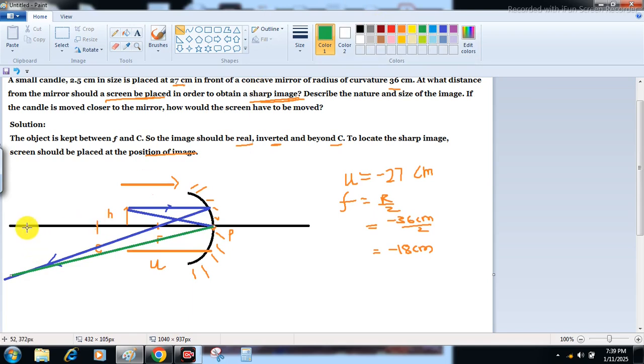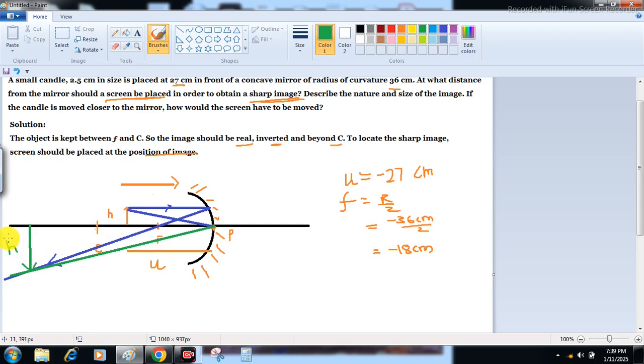So this is the location of the image formed, which is real because it is formed in front of the mirror, and inverted. You can observe it is magnified.